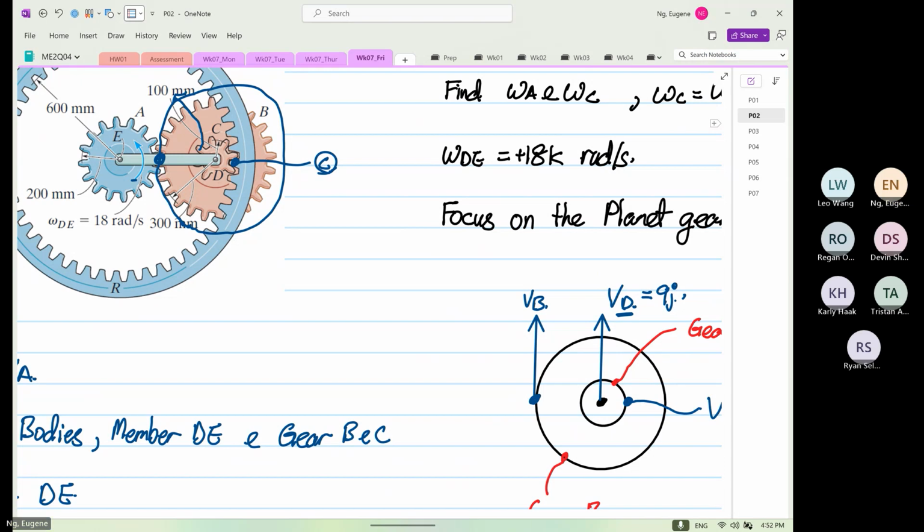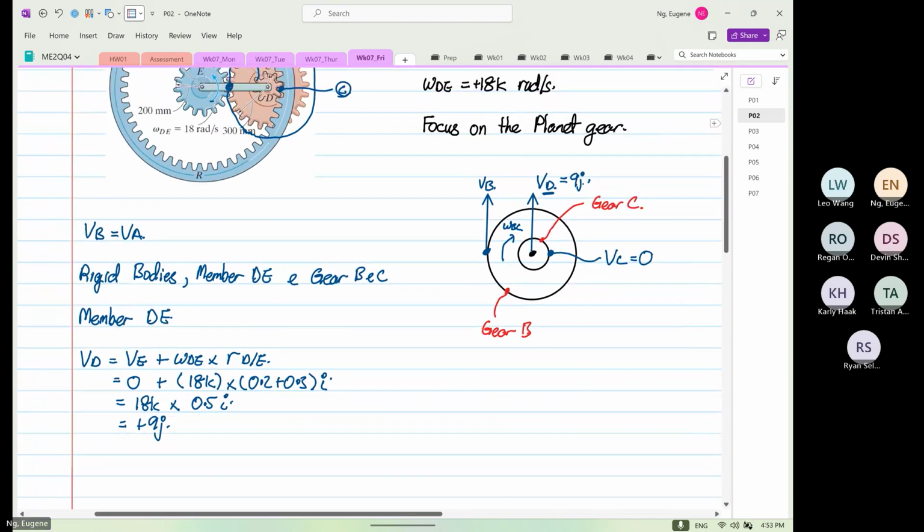Anyone? I also don't know. So we don't know, fine. I'm going to assume it's going down this way, and this will be our omega BC. It can be either way. Later on, if it's wrong, the sign will just change on its own. Are we clear?